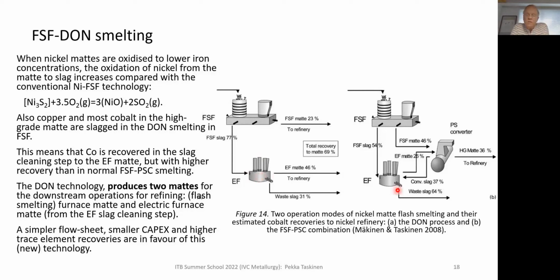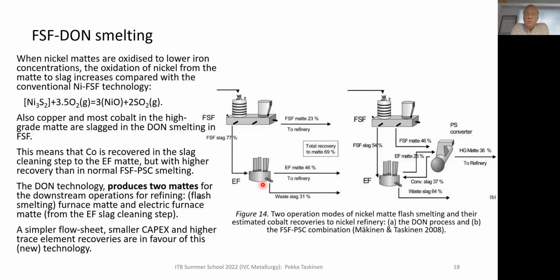When we started up this new smelter 27 years ago, we used the same electric furnace as before, and still it could clean the slag much better than previously, partly because of the absence of these internal circulations.